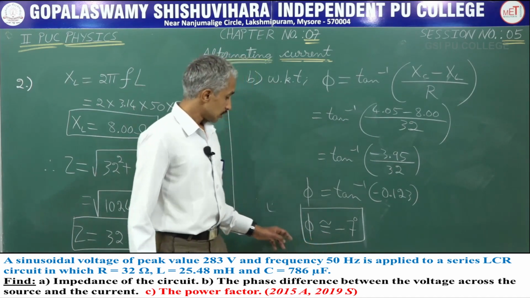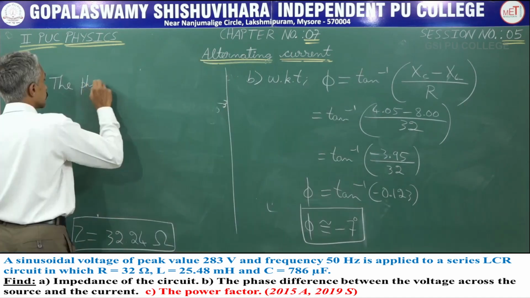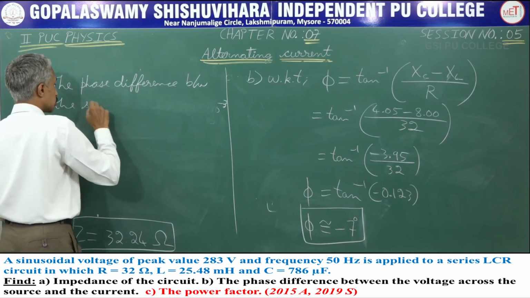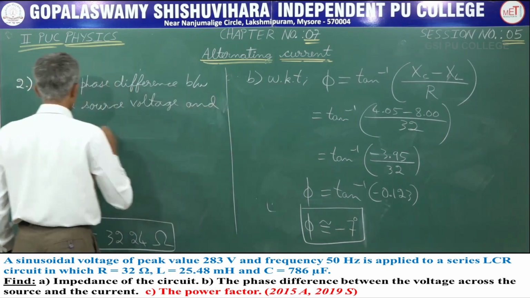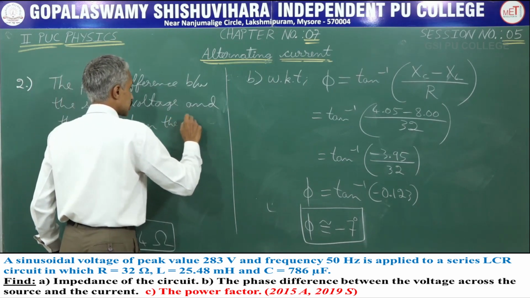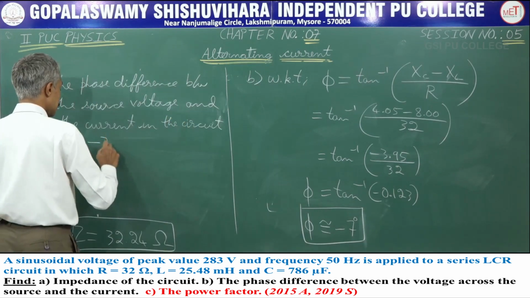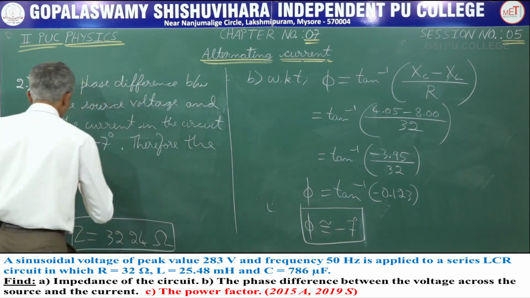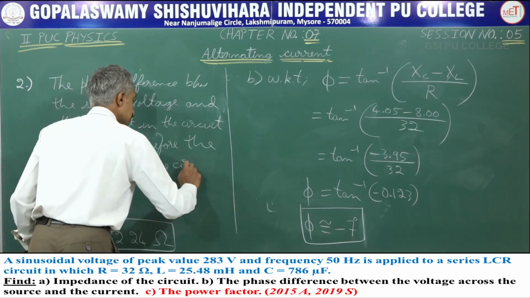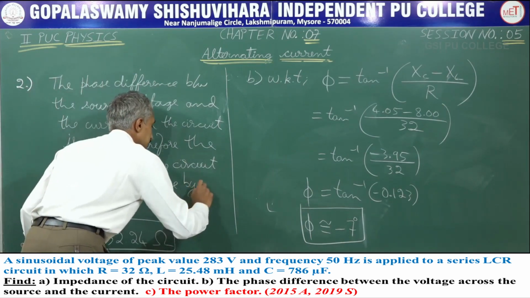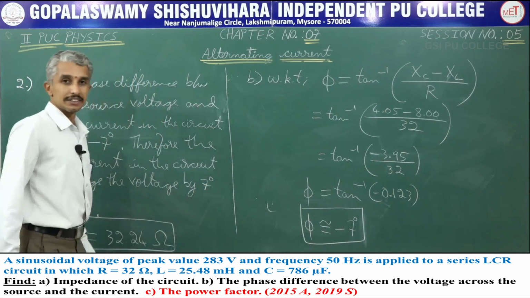Therefore, finally I write the phase difference between the source voltage and the current in the circuit is minus 7 degree. Therefore, the current in the circuit lacks the voltage by 7 degree.